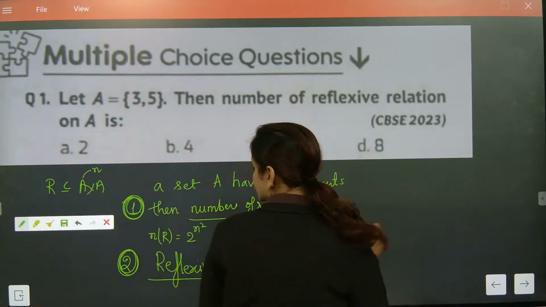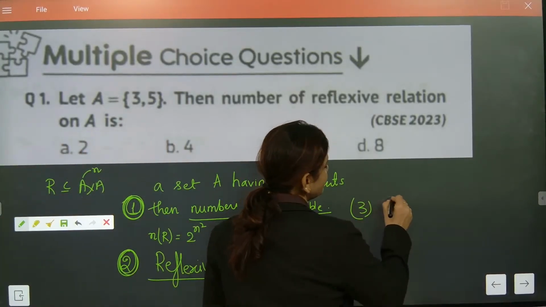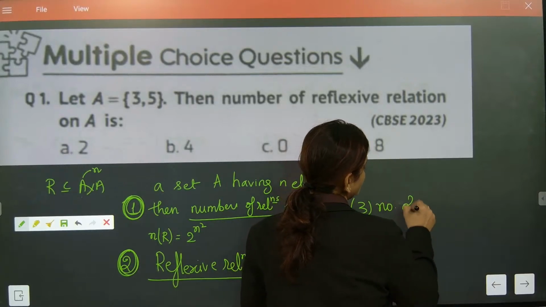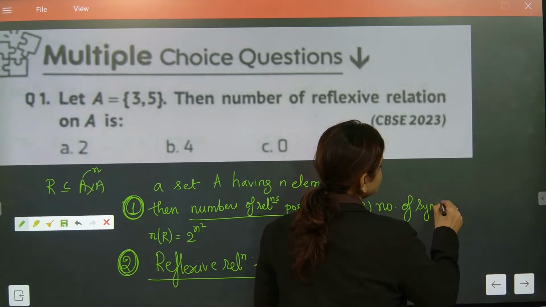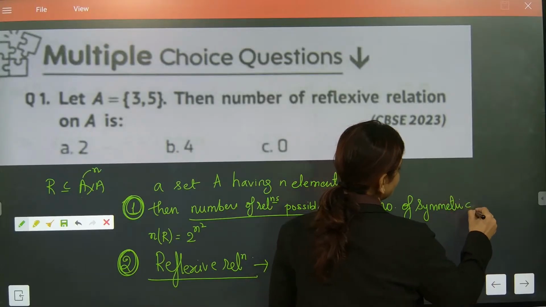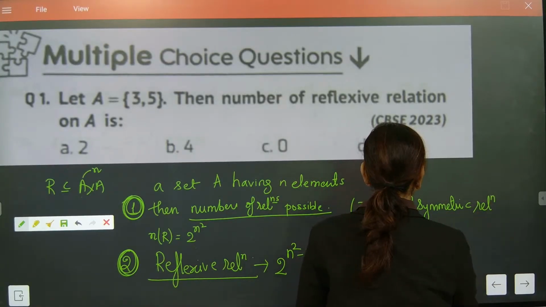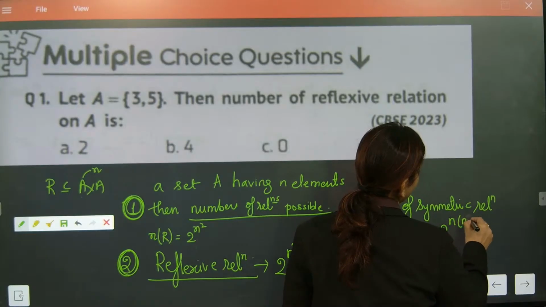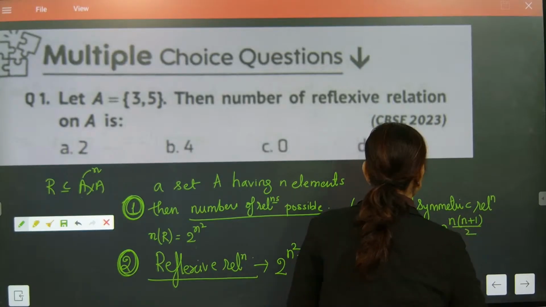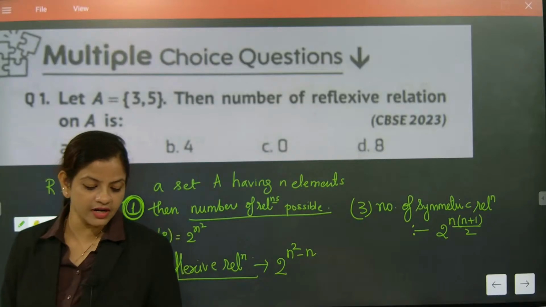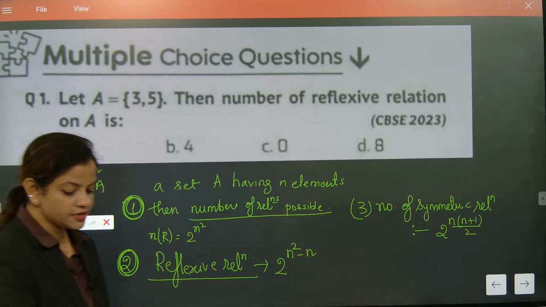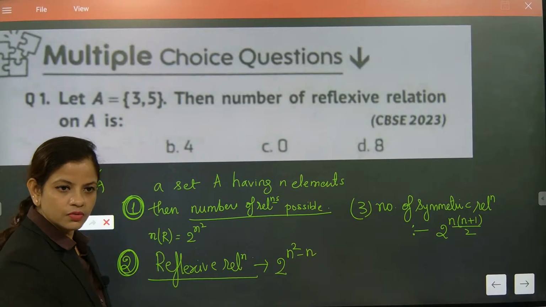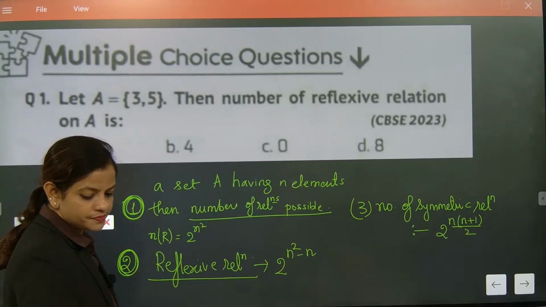Understood. Next is the total number of symmetric relations possible, which is 2 to the power n into n plus 1 by 2. Understood?